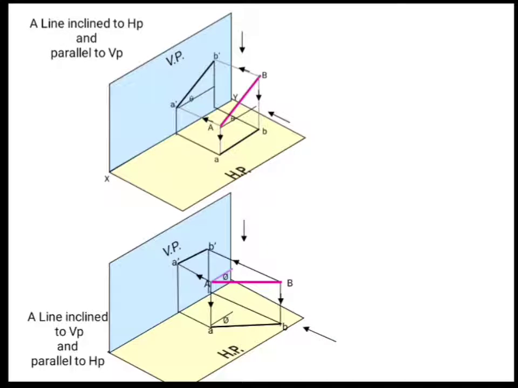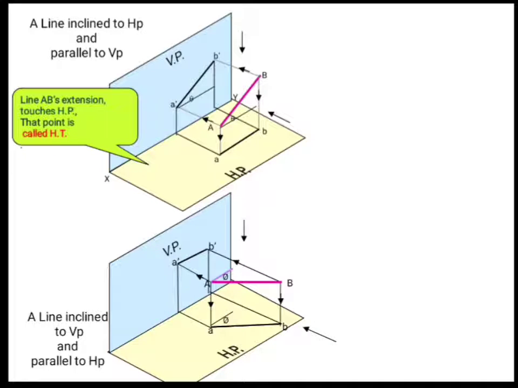Here we can see an inclined line which is inclined at an angle theta to horizontal plane, and a line AB inclined at an angle phi with vertical plane. See, the line AB's extension touches the horizontal plane at a particular point, and that point is called horizontal trace.